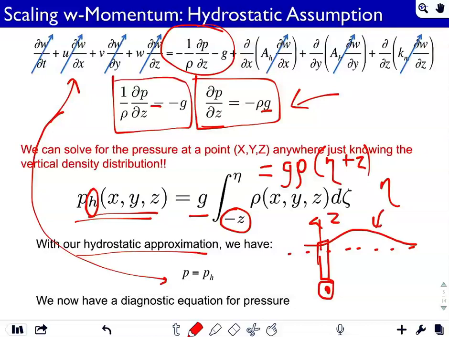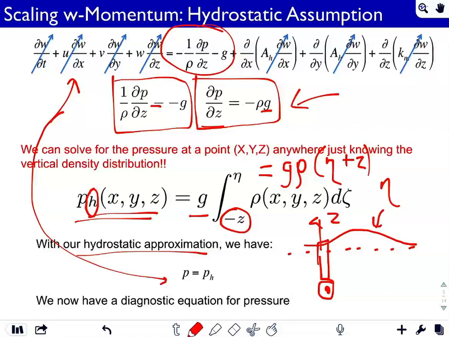So this is very useful because prior to this we had equations for momentum, which are essentially velocity equations. We had other equations, which we discussed briefly, for the changes in temperature and changes in salinity. We had equations of state, which give us density from salinity, temperature, and depth. And we had some other equations we discussed briefly that allow us to estimate the diffusivities in the ocean. Those are turbulence equations.